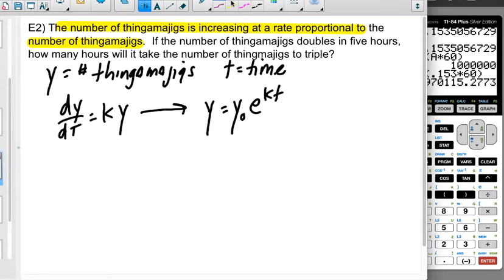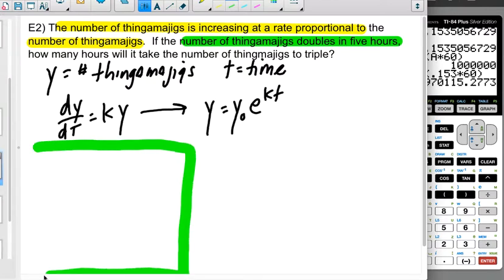So we're told that it takes 5 hours for the number to double, okay? Let's look at what that statement means, because this is really asking you, without a lot of numbers, to find some values. 5 hours for this thing to double means that y of 5 is double the original value.